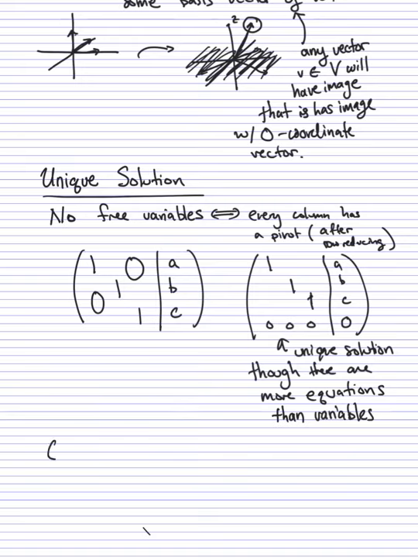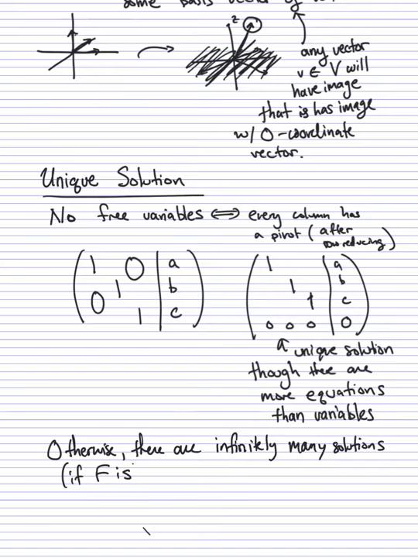Okay, and for now, I'll just say otherwise, there are infinitely many solutions, as long as the field we're taking is infinite. It's kind of fun to try the same type of row reducing over the field F2.